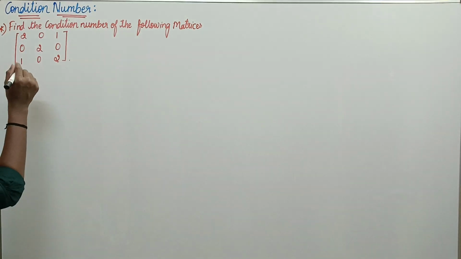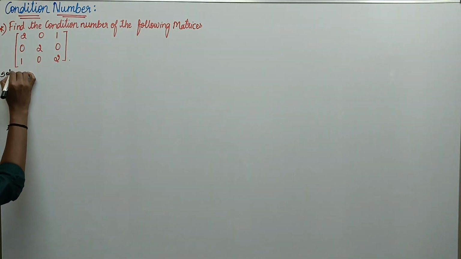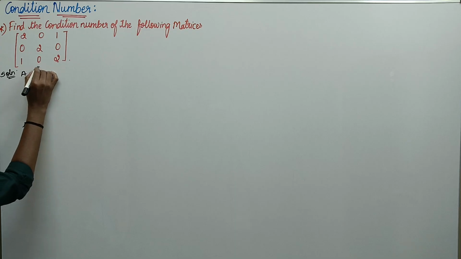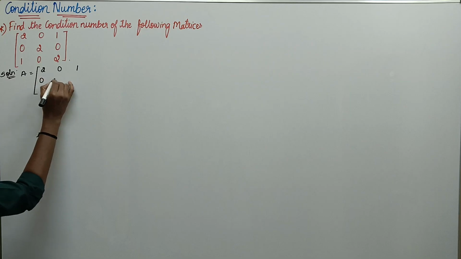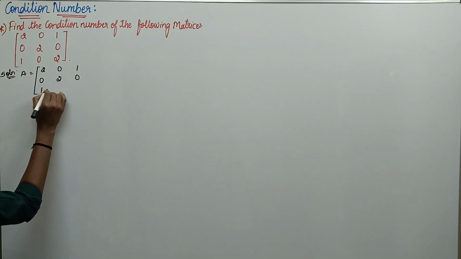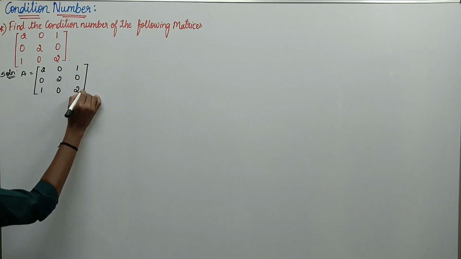First, let us consider the condition number. It is A equal to the matrix 2, 0, 1, 0, 2, 0, 1, 0, 2.